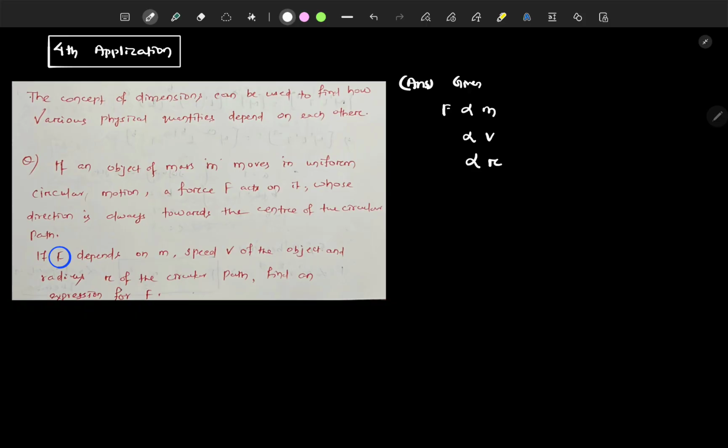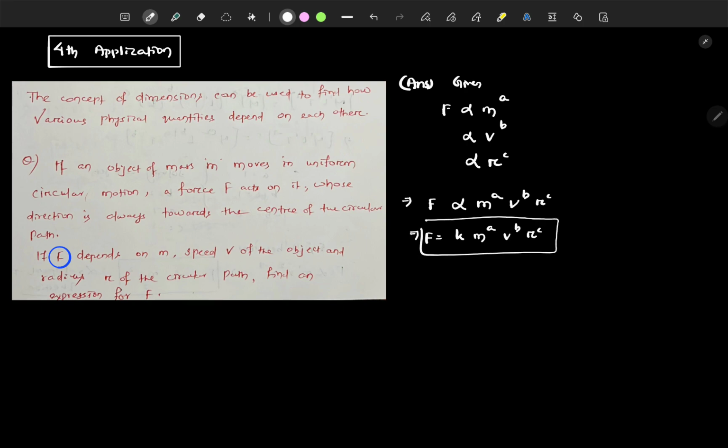We have to find it. So let's consider m power a, v power b, r power c. Combined, F is proportional to m power a, v power b, r power c. That means F is equal to k into m power a, v power b, r power c.